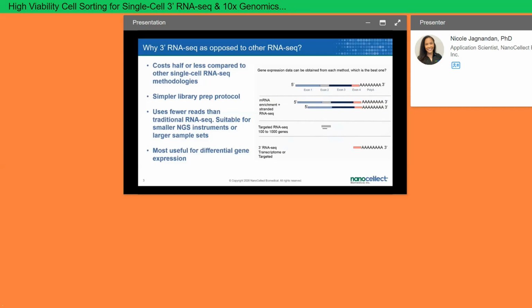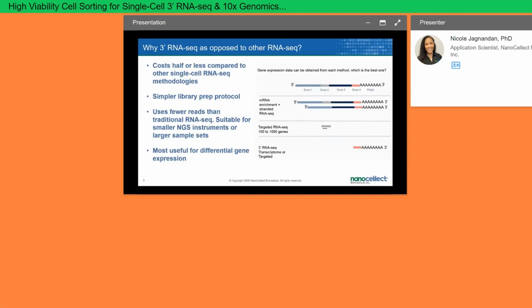Other advantages to 3' RNA-seq are that it typically costs half or less compared to some of those other single-cell methods. In general, it has a simpler library prep protocol, so less hands-on activity.